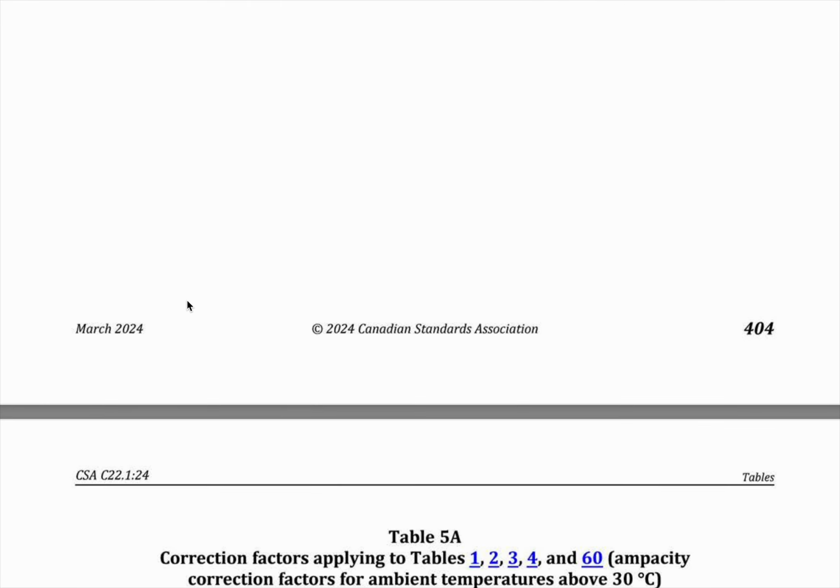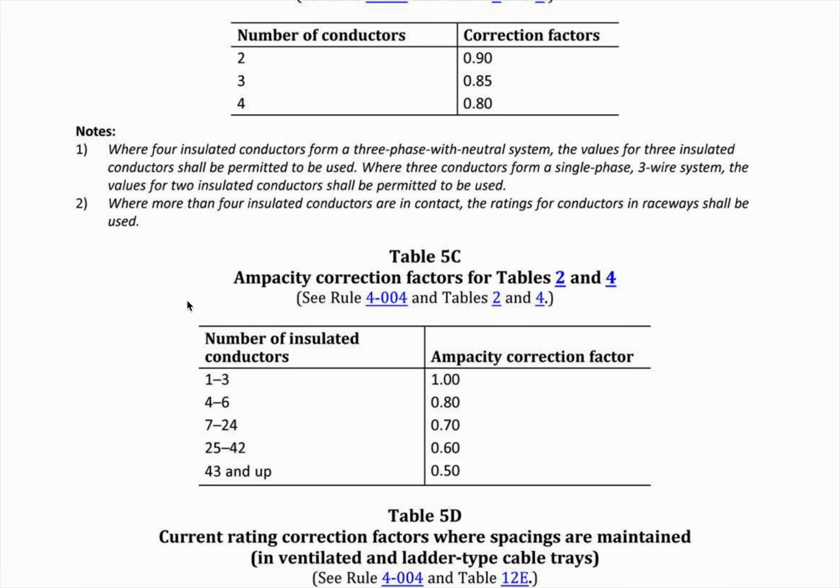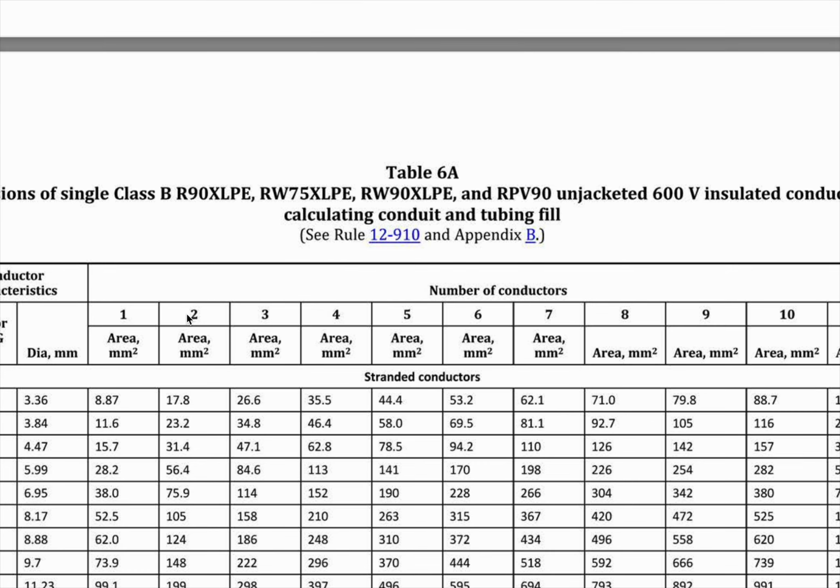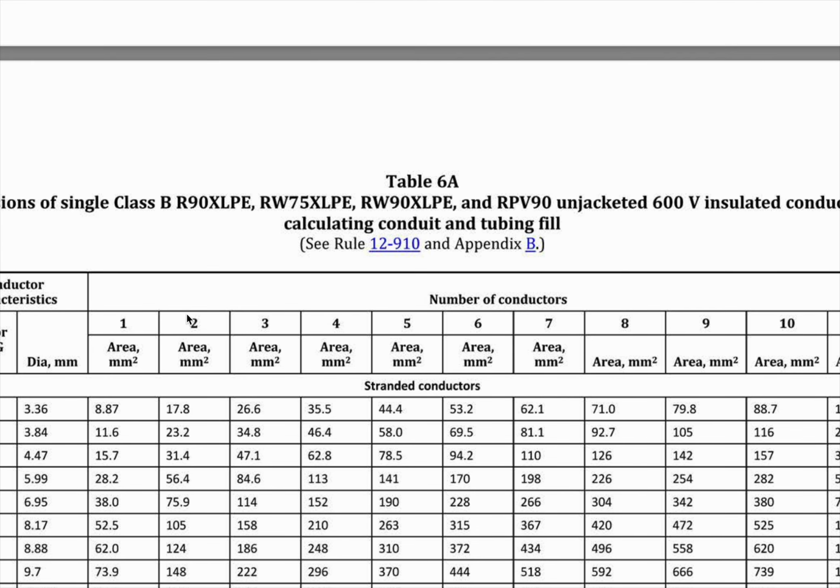Table 6. Here in table 6, you can see the type of the cable or wire or conductor in the title at the top of the table.